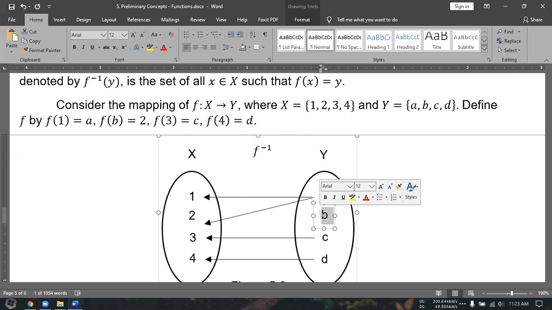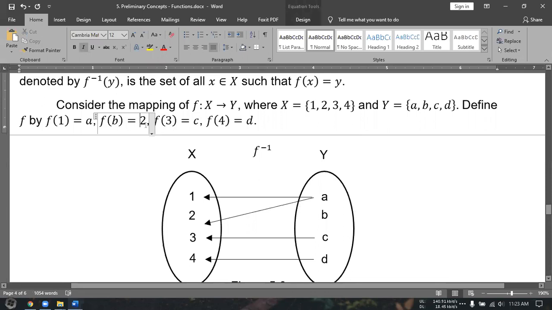Yeah, that should be a. f of 2 must be a.